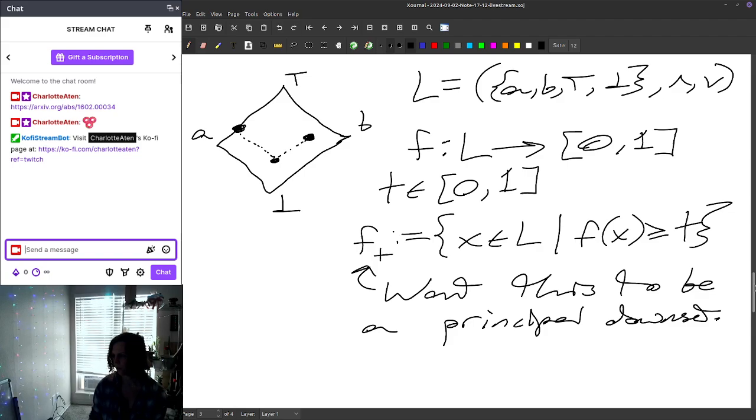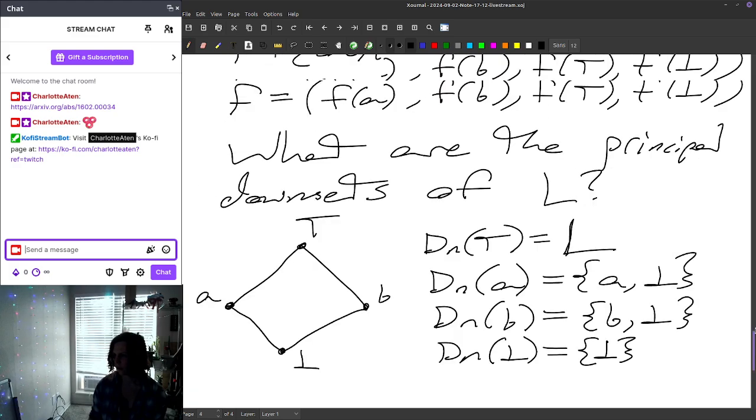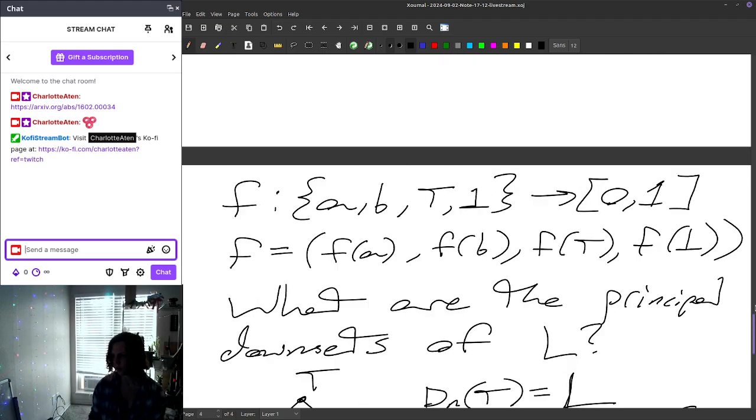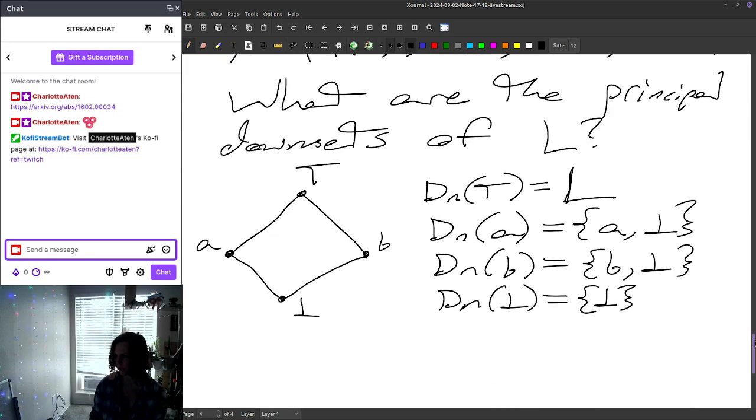So, let's think about this. In principle, there are an infinite number of conditions, because we would have to consider f sub t for t being 0 or 1 over a million, or 1 over the square root of 2, or all sorts of different possibilities. But there's only a finite number of x's, so we don't really have that many different possibilities to consider.